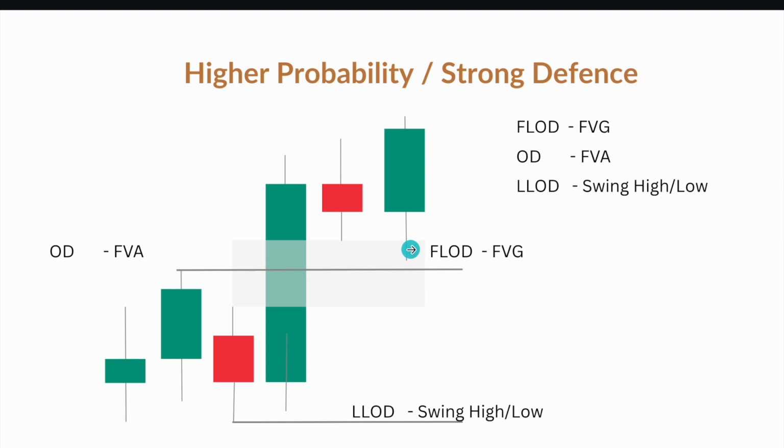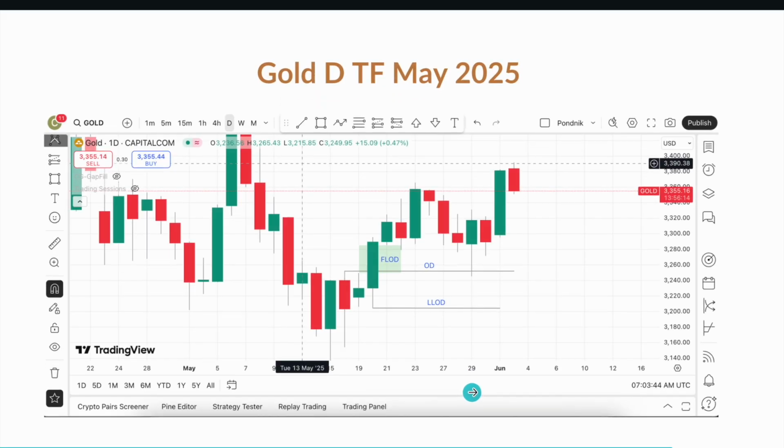Now from this fair value gap, it can reverse the direction and continue in the original direction, or the next candle can come down to this fair value area and respect it, or it can disrespect the fair value gap or this fair value area and reach this LLOD, swing high or swing low.